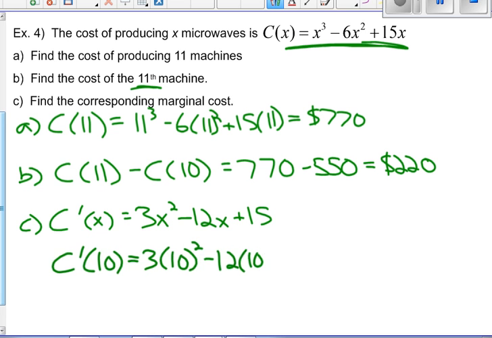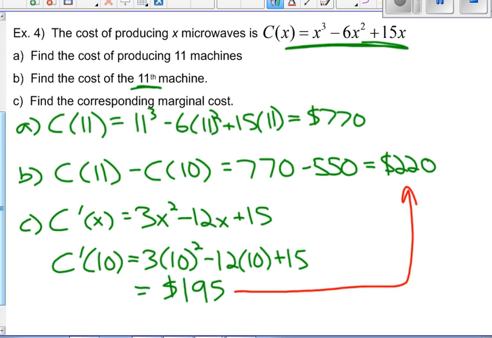So what this really gives us is the rate of change of cost, but in a lot of situations it should estimate the cost of making the next item. Now let's see, what are we going to get? We'll get 300 minus 120 plus 15, or $195.